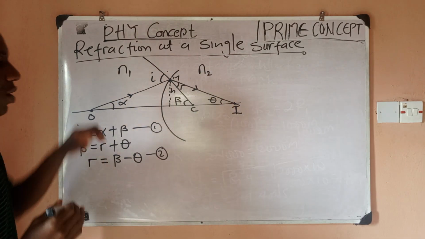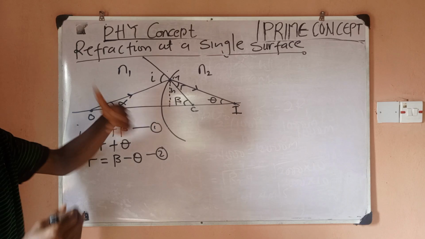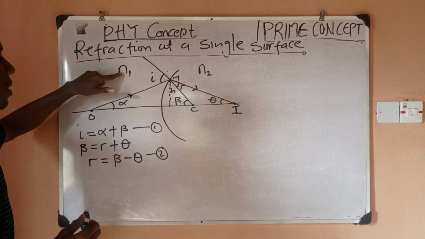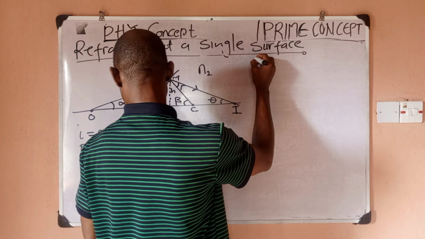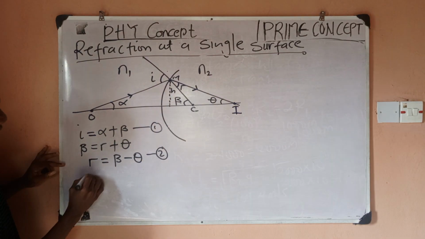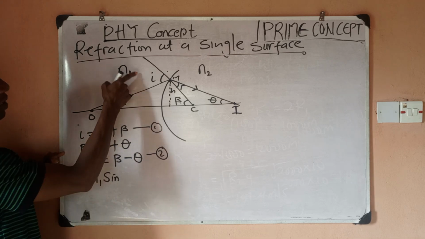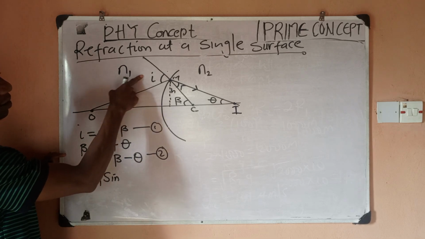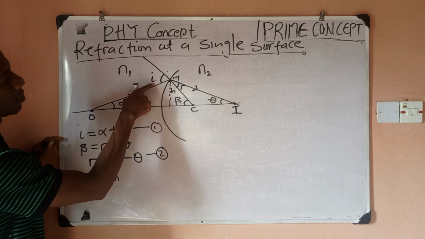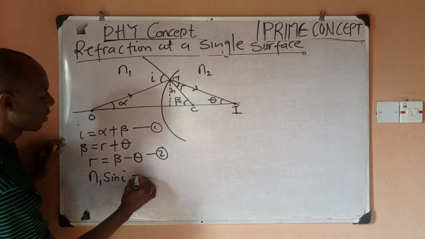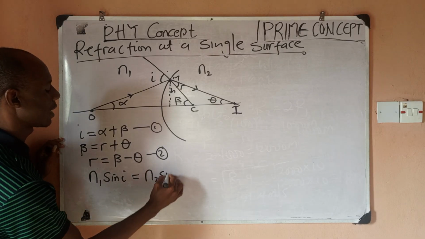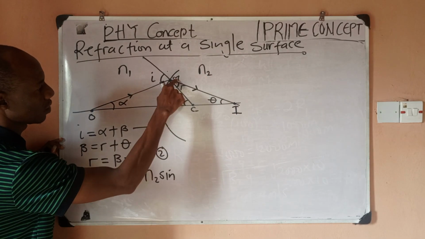If I apply the concept of optical invariant, or you can still say Snell's law, I would have N1 sine the angle in the first medium, which is I, equals N2 sine of the angle in the second medium, which is what now?